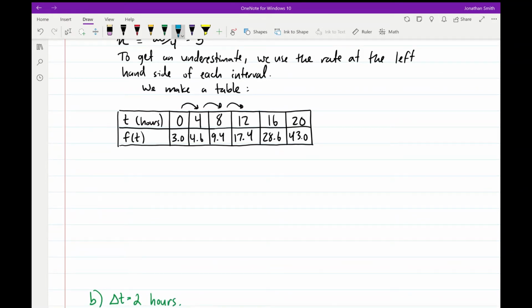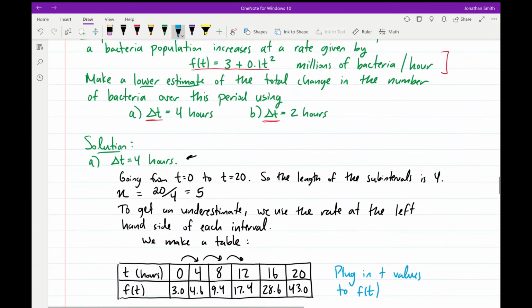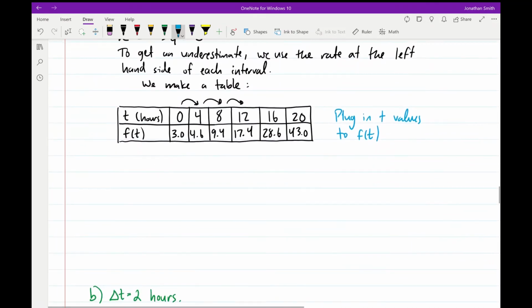Okay, so I'll tell you how to get these. We're going to take each t value and plug them into the function that gives us the rate of change of the size of the bacteria population, so f of t.